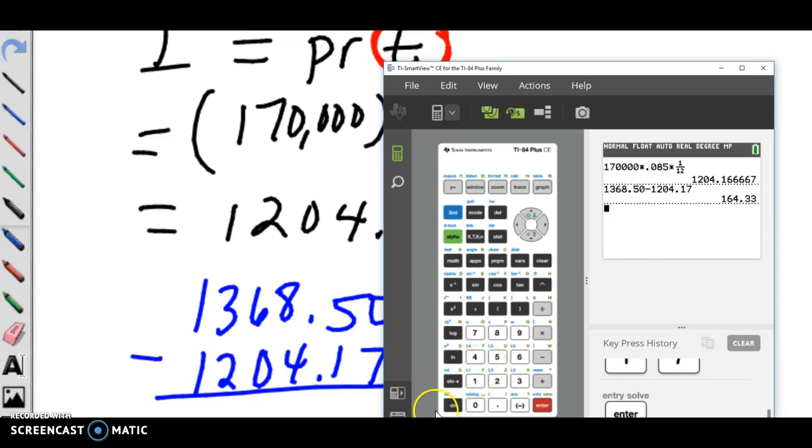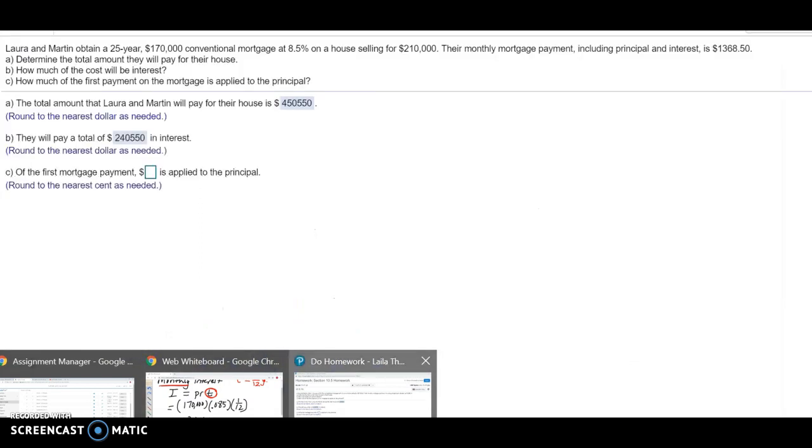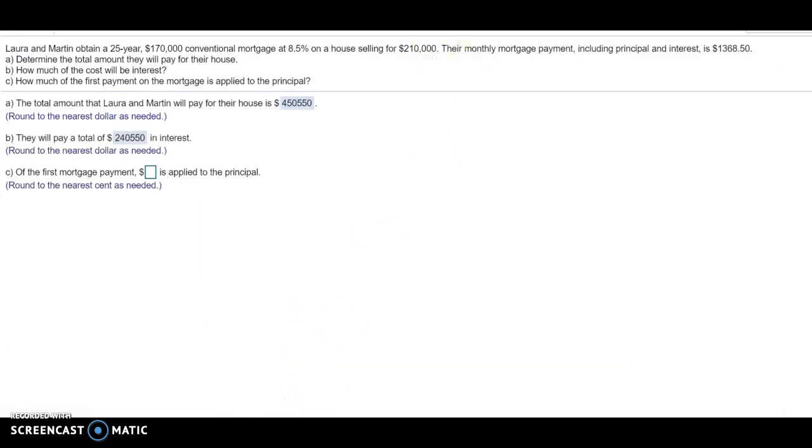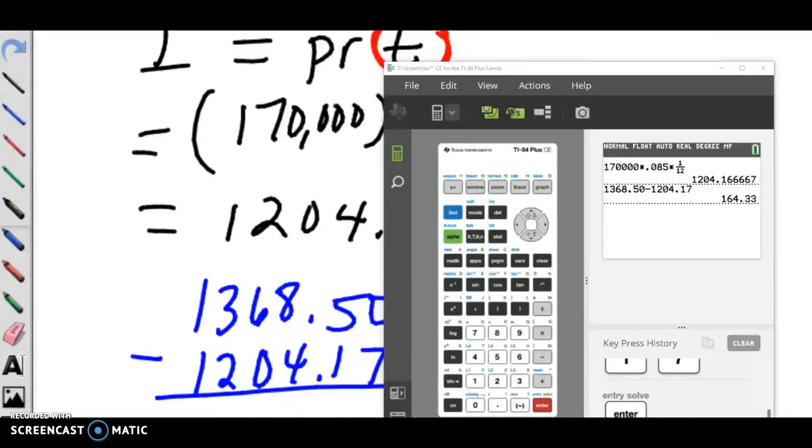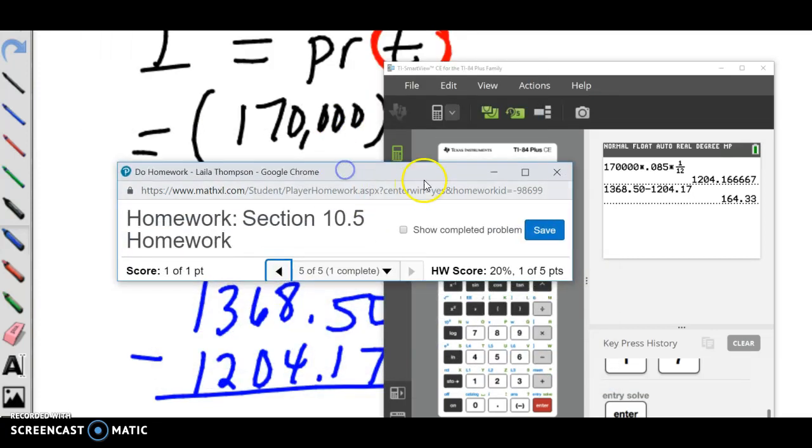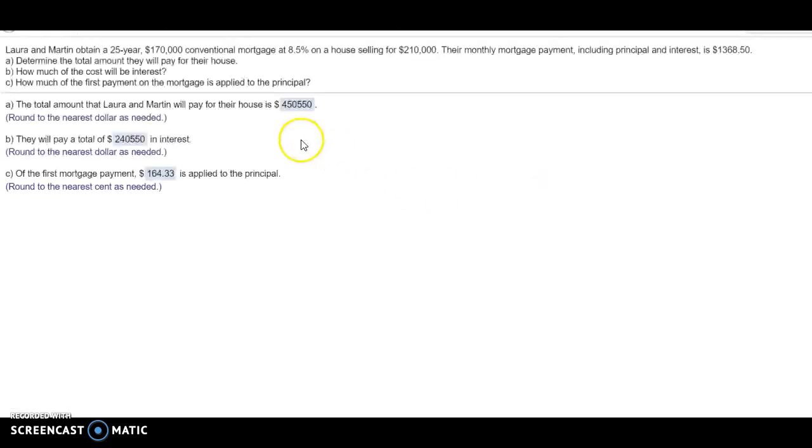And we find $164.33 will go towards the principal. And that is the answer for that question. $164.33.